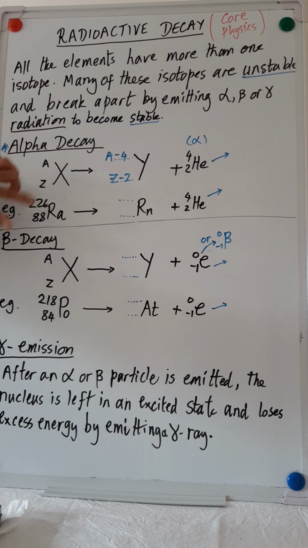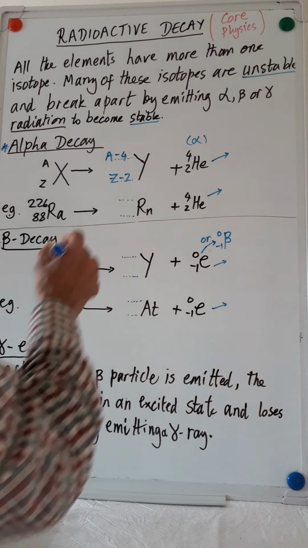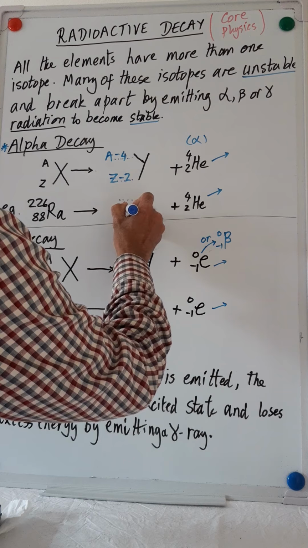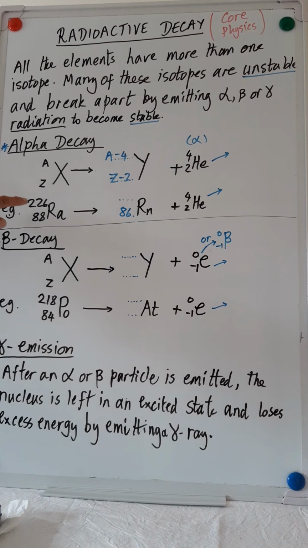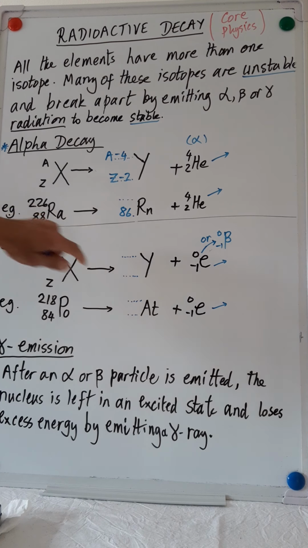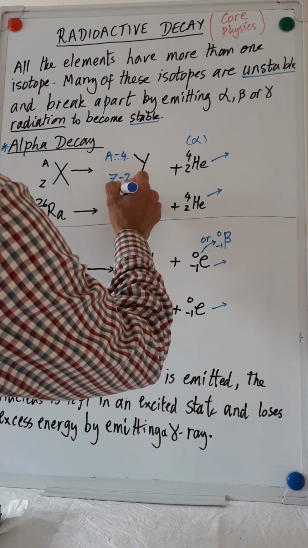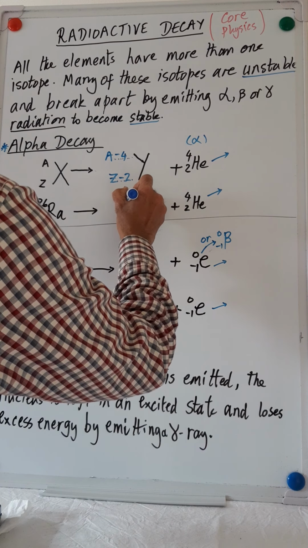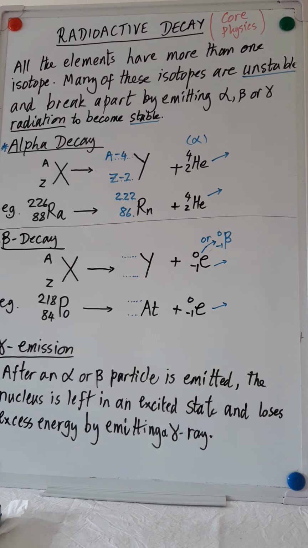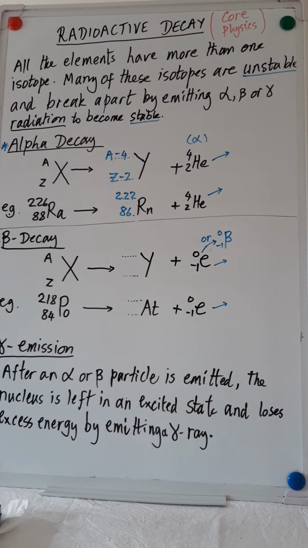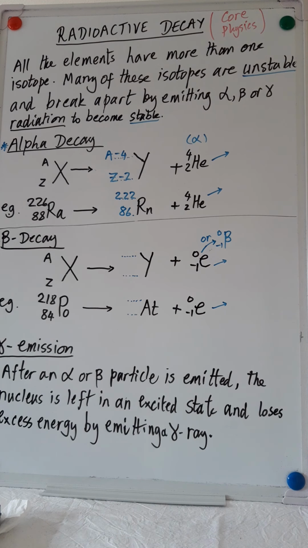So Z minus 2, which is 88 minus 2, which is 86. And its mass number is 226. It will decrease by 4. So 226 minus 4 is 222.